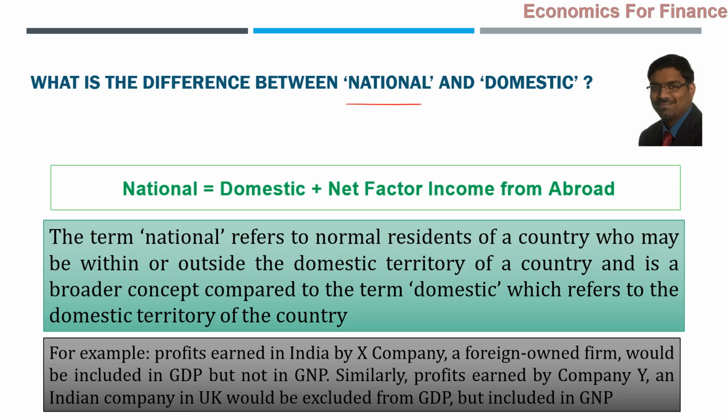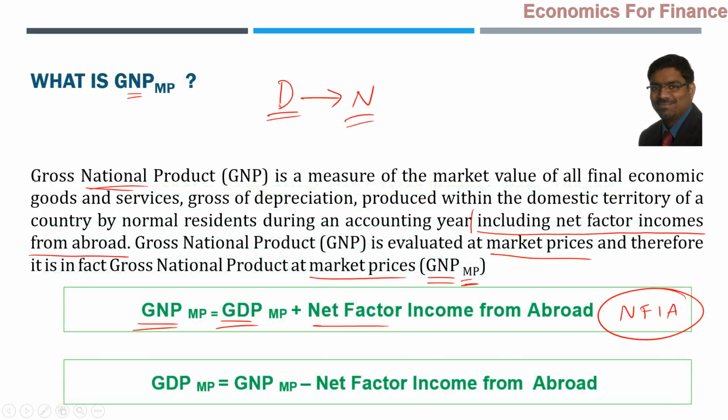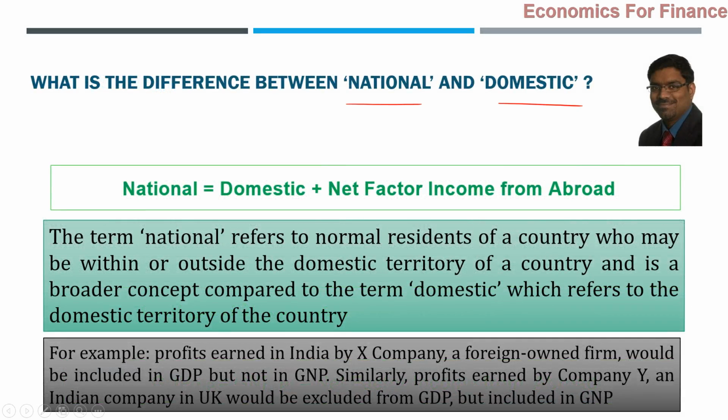So what is the difference between national and domestic? Earlier we called it gross domestic product. Now we are calling it gross national product. What is the difference between these two terms? The difference is nothing but net factor income from abroad. National is nothing but domestic plus net factor income from abroad.